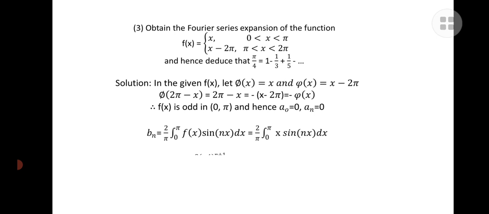That is b_n is equal to 2 divided by pi integral 0 to pi f of x sin nx dx. Here both f of x and sin nx are odd functions. So that means it is 2 times 1 divided by pi integral 0 to pi x sin nx dx.